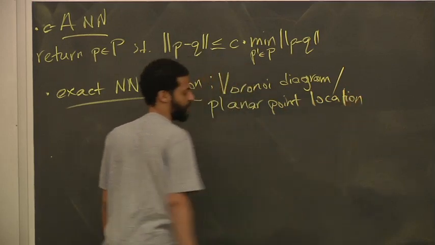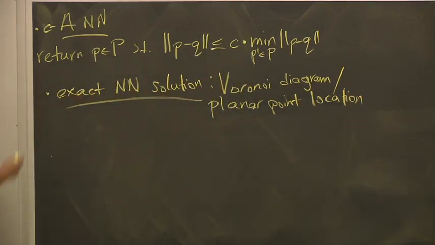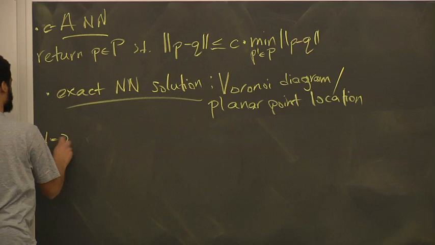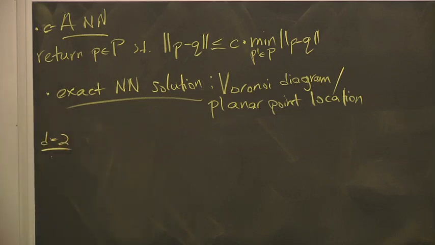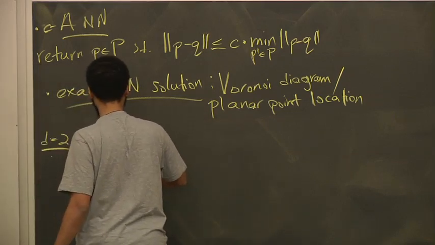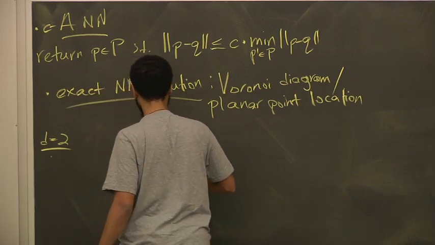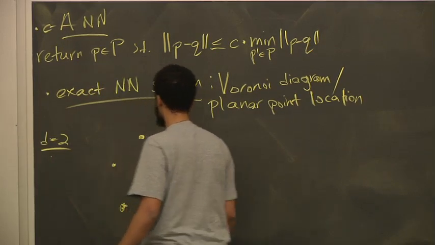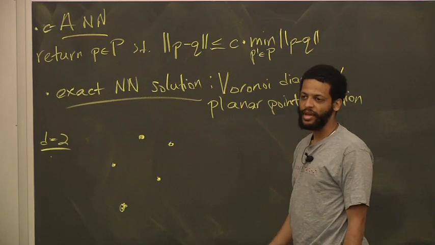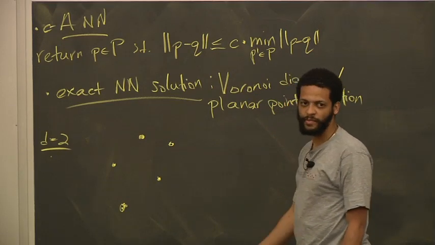What's a Voronoi diagram? Let's imagine that D, the dimension, is 2. I have a bunch of points, and they live in R2.